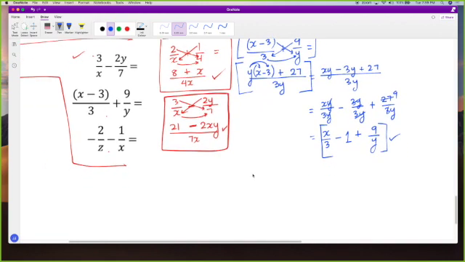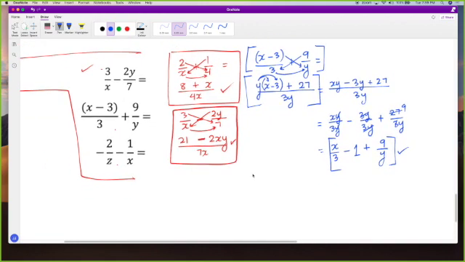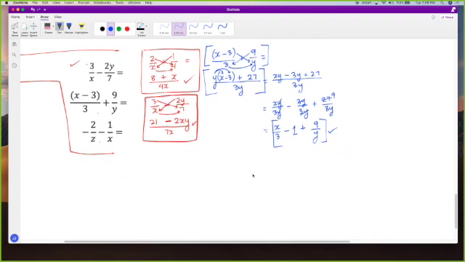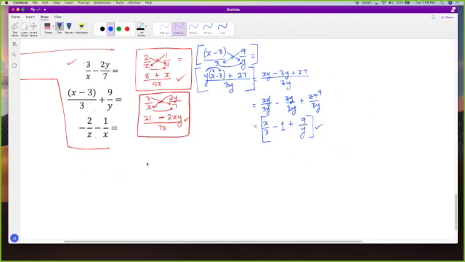And let's go with this last one here. And I hope I'm not going too far. Alright, but we have this last one here. I'll do it down here. Negative 2 over z minus 1 over x.